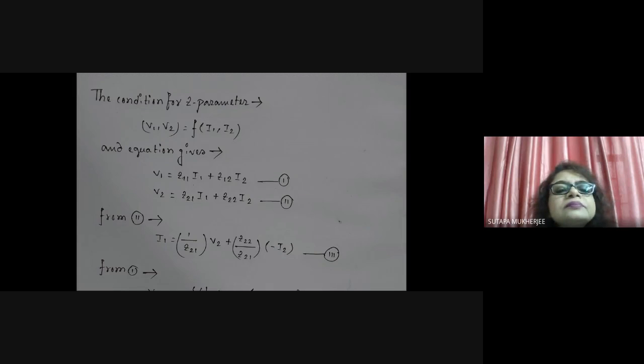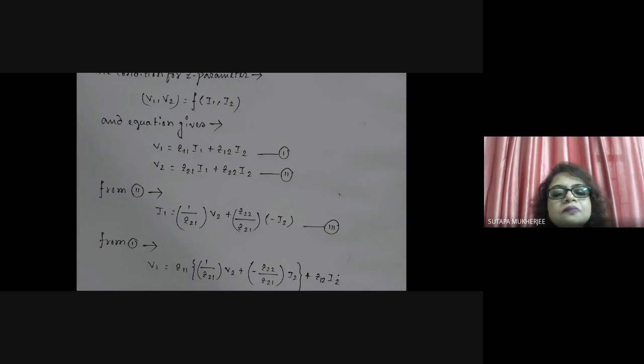The condition for Z parameters is V1 V2 equal to a function of I1 I2. So from here the equations give us V1 equal to Z11 I1 plus Z12 I2. Another equation is V2 equal to Z21 I1 plus Z22 I2.